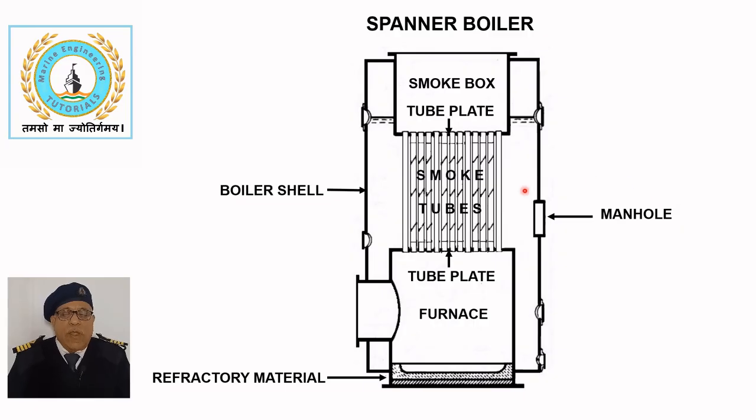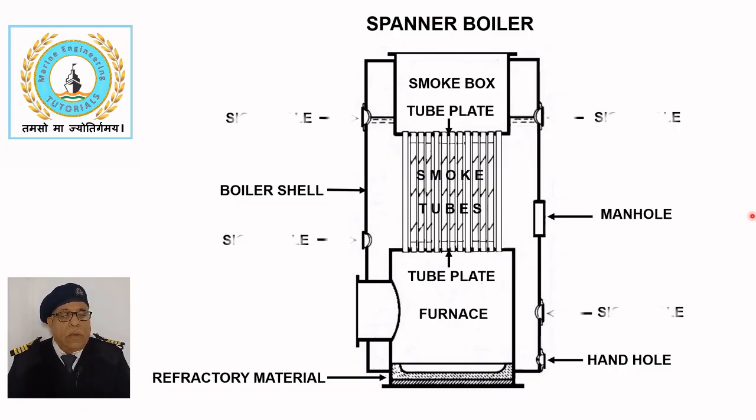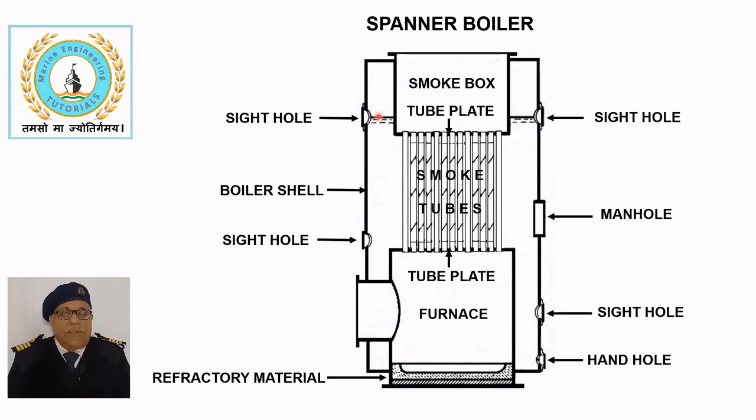Internal access is provided by means of a manhole. A number of handholds are provided in the outer shell for inspection and cleaning. Sight holes of 6-inch diameter are provided at specific locations to facilitate inspection.